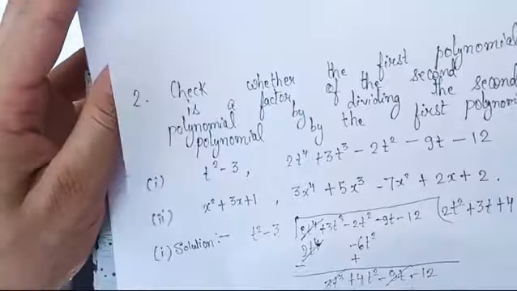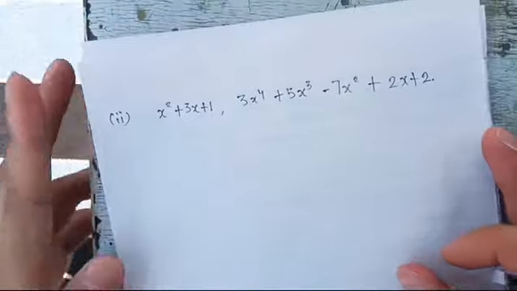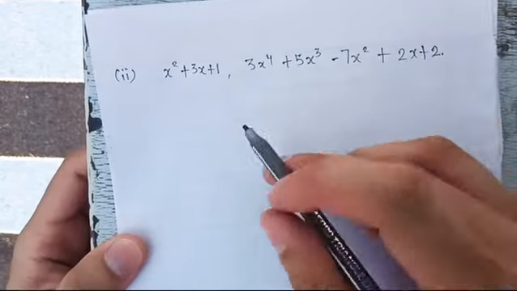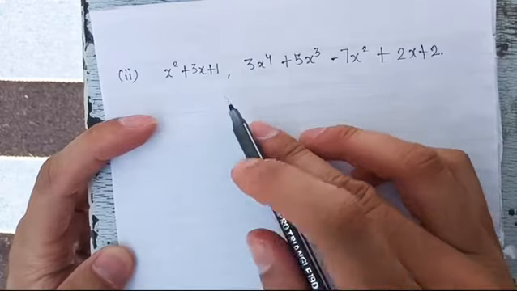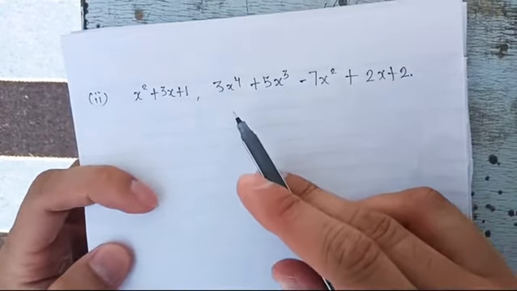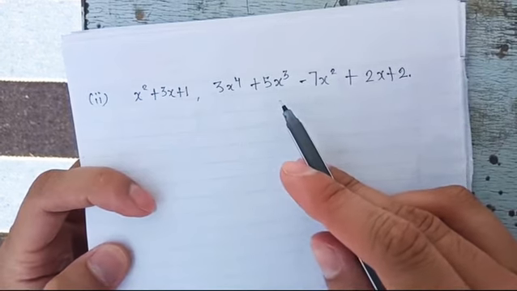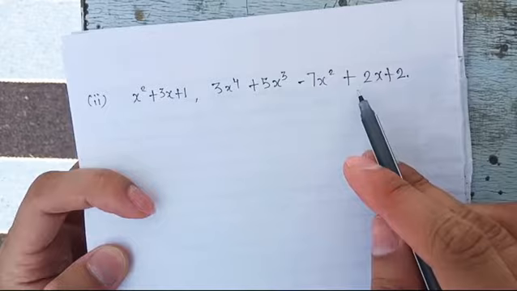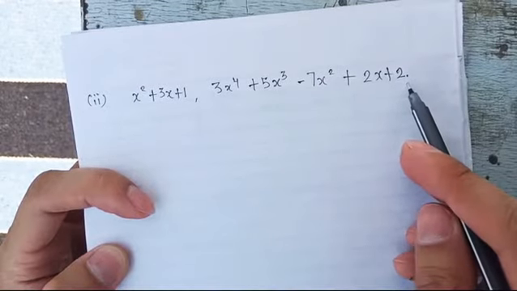Now moving to the second question. Okay, now the second question, x square plus 3x plus 1, first polynomial is given. Second polynomial, 3x to the power 4 plus 5x cube minus 7x square plus 2x plus 2.